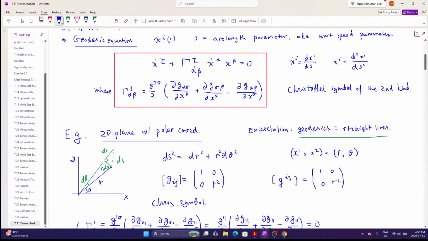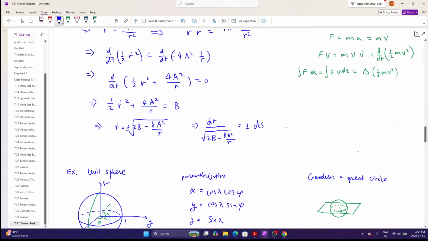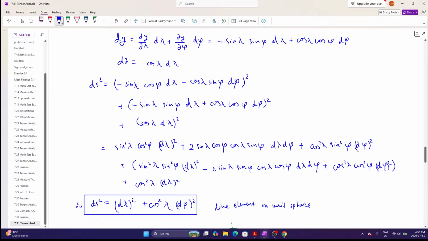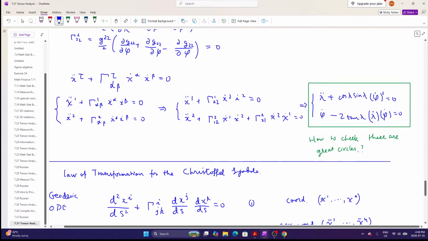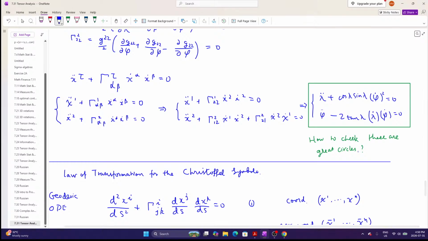So that'll be it for today. Today we've seen more examples of the Christoffel symbol as well as geodesics. A main takeaway is that even though sometimes the geometric interpretation of the geodesic is clear, the geodesic equation doesn't always immediately lead to that conclusion.